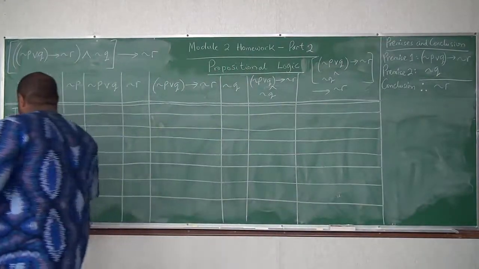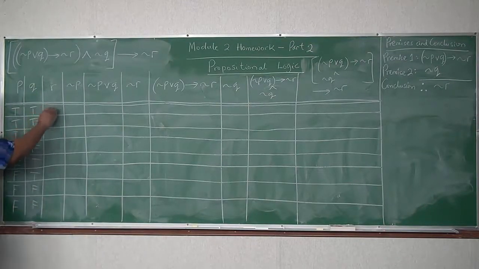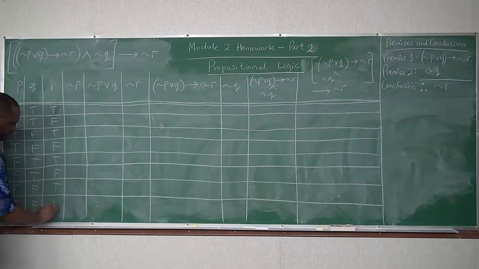Then for Q will be true, true, false, false, true, true, false, false. That is for Q. For R will be true, false, true, false, true, false, true, false.